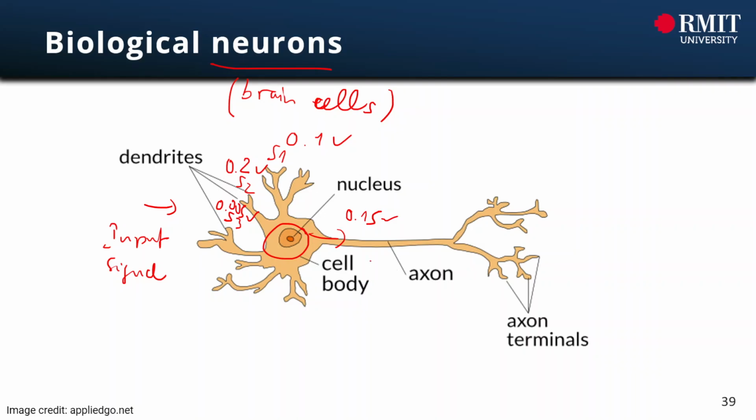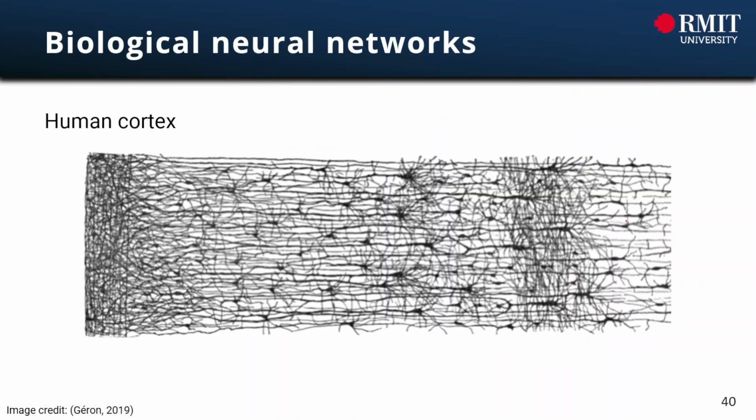And after it produces the new signal, it will transmit to the terminals, and the terminals are the outputs where this electricity will go to the next neuron. And in our brain we have billions of neurons connected together, and we call that the neural network.